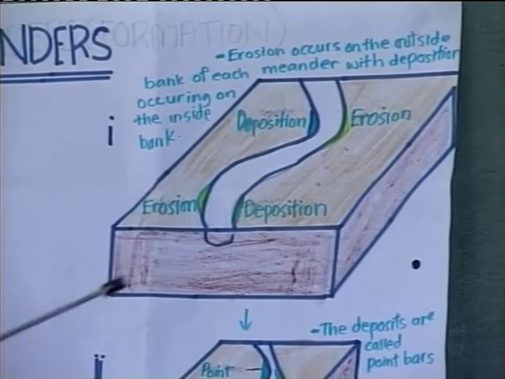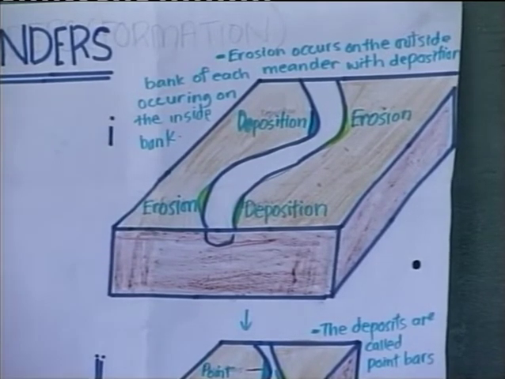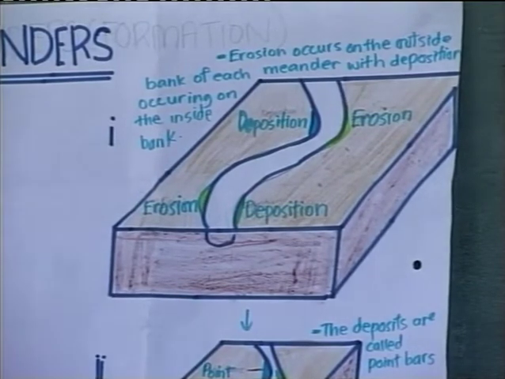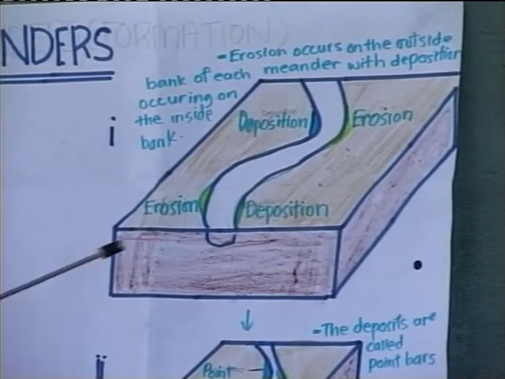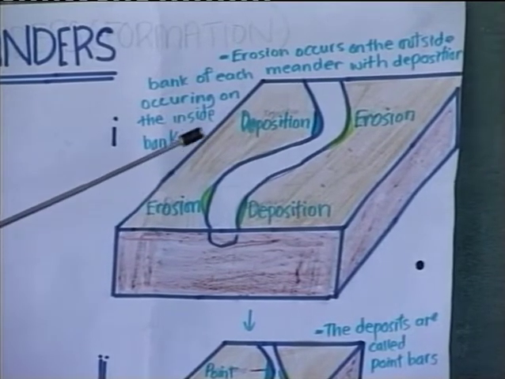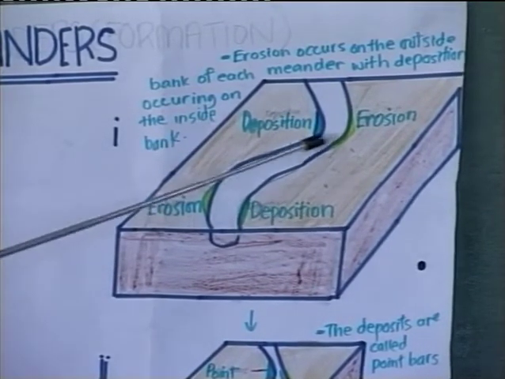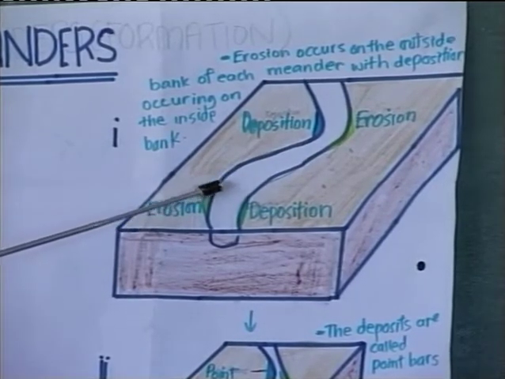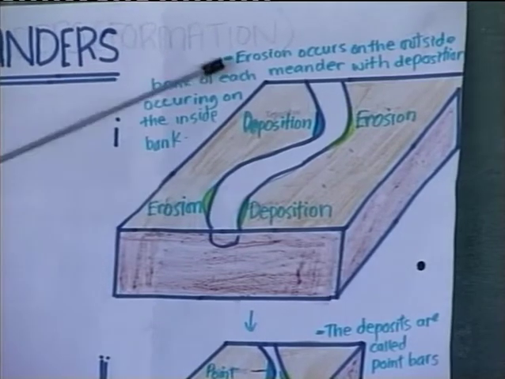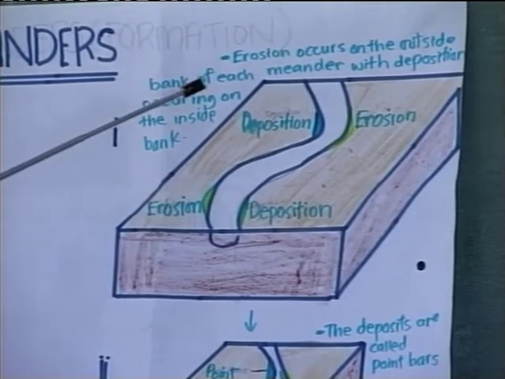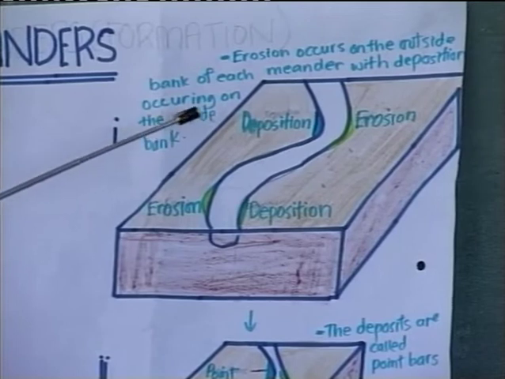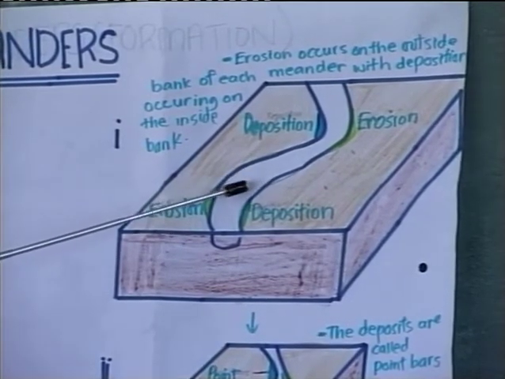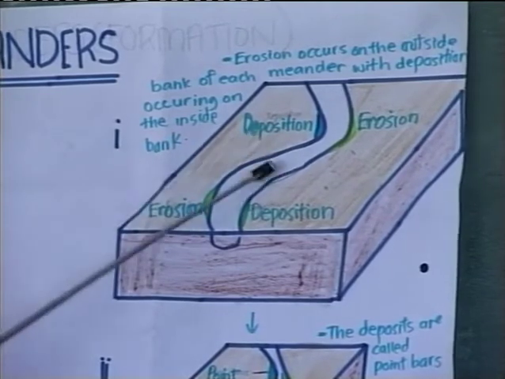So greater velocity or speed means more energy. The outside of the curve undergoes erosion, while the inside of the curve, where less energy is available for work, experiences accumulation of sediment, that is deposition.